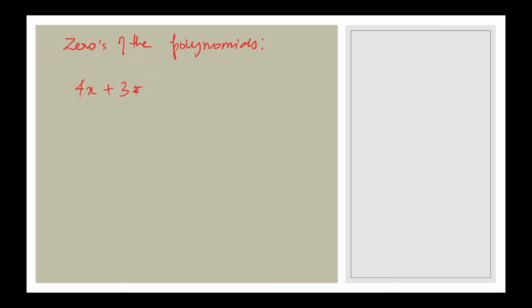This is my polynomial. Now, what this exactly means is, what will be the value of x such that the value of the whole polynomial is equal to 0?